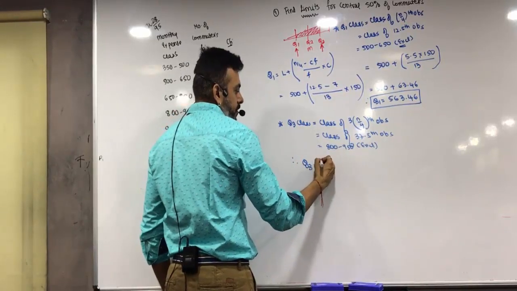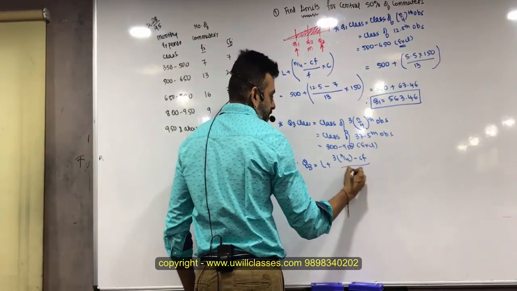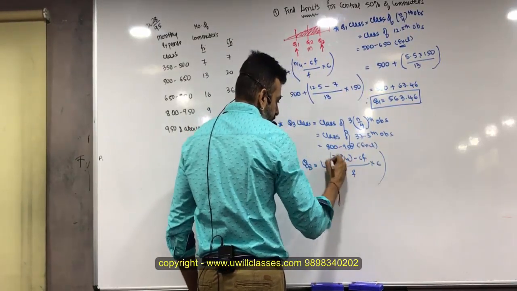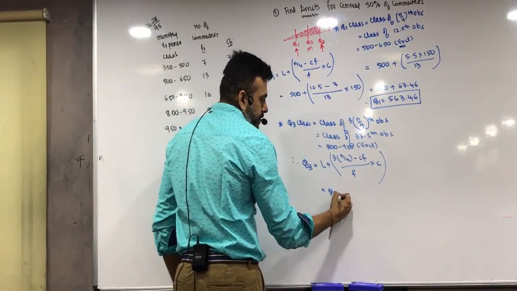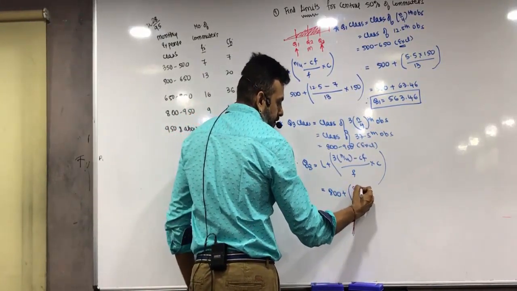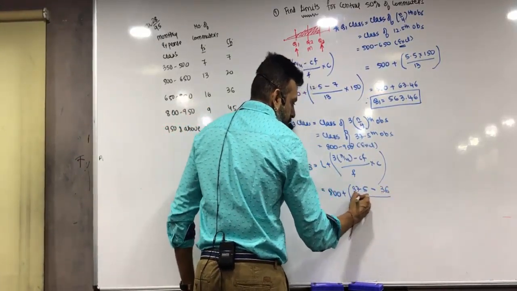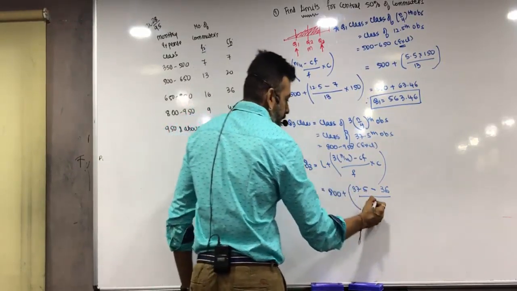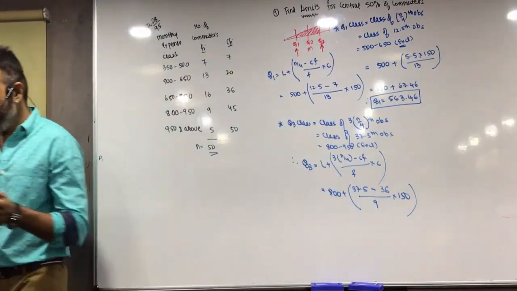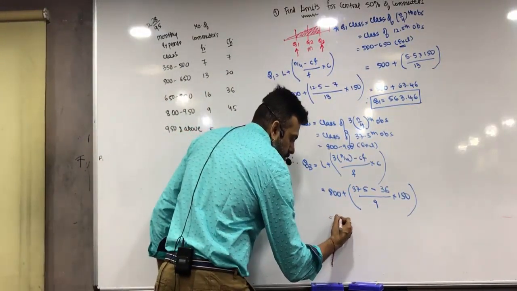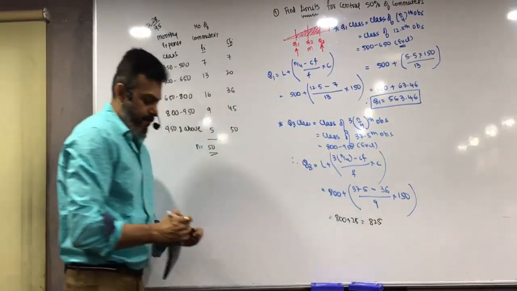Therefore, Q3 is equal to L plus (3n by 4 minus CF) upon F into C, which is 800 plus (37.5 minus 36) upon 9 into 150, is equal to 800 plus 25, which is 825.